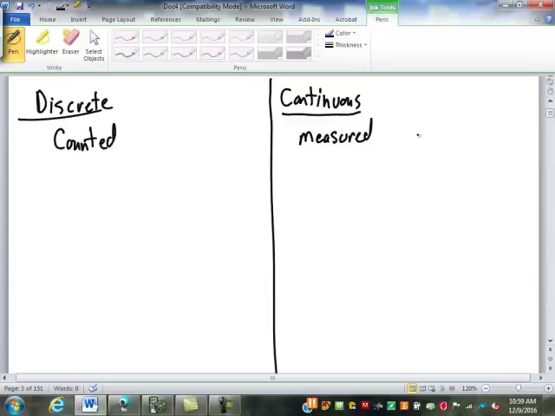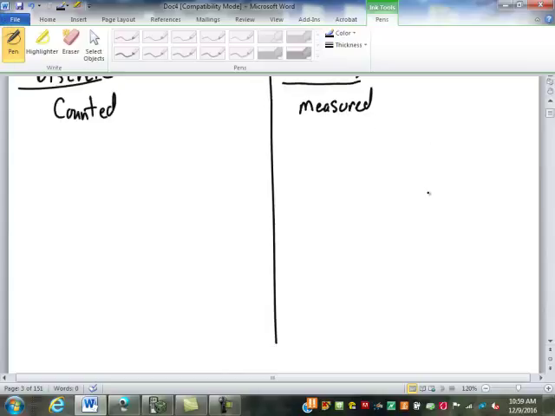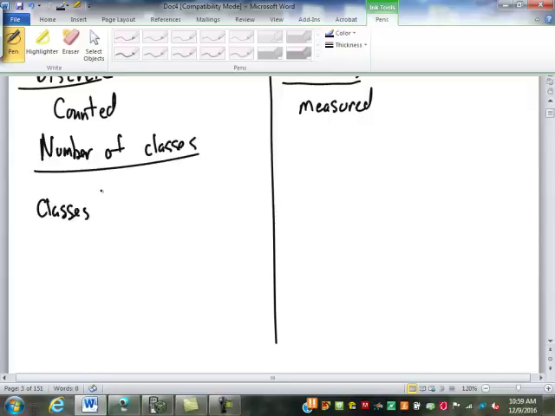So discrete is usually fairly simple. If I ask for a number of classes being taken right now, and I'm not going to put out the raw data, I'm just going to throw it on the table here. If you're taking 0 classes, you're not a student, so you're not part of our group here.